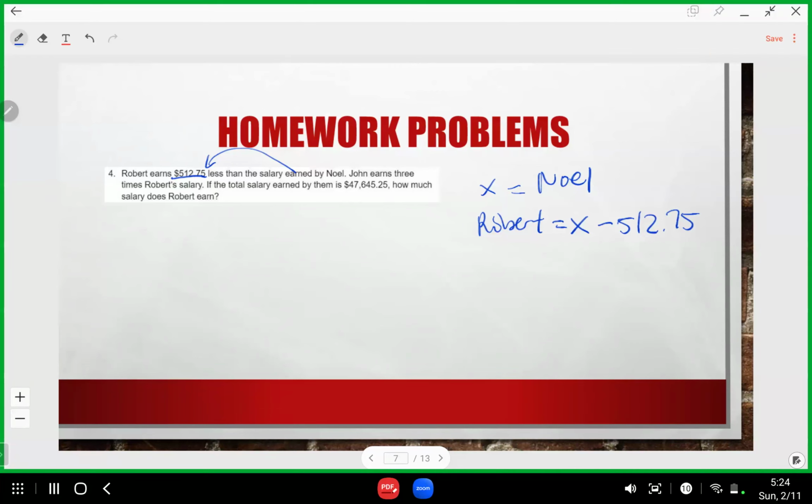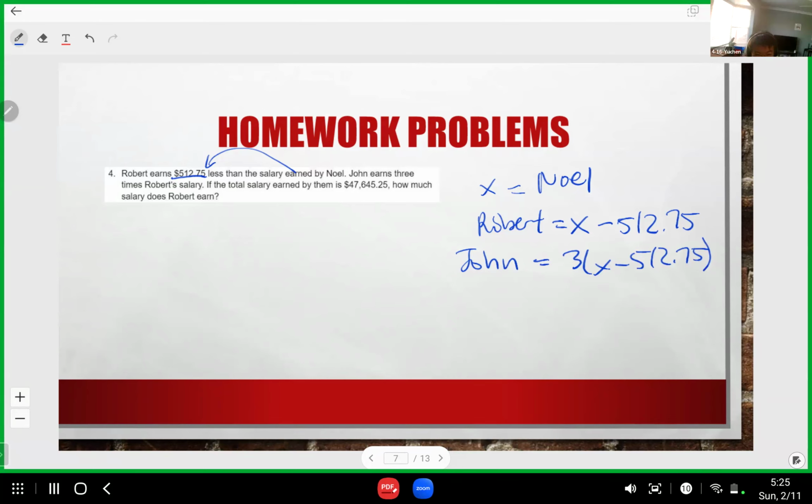Okay, so then John earns 3 times Robert's salary. 3 times this, right? See, if you set x equal to Robert, it's a bit more complicated. But when you set x to Noel, it's very easy.